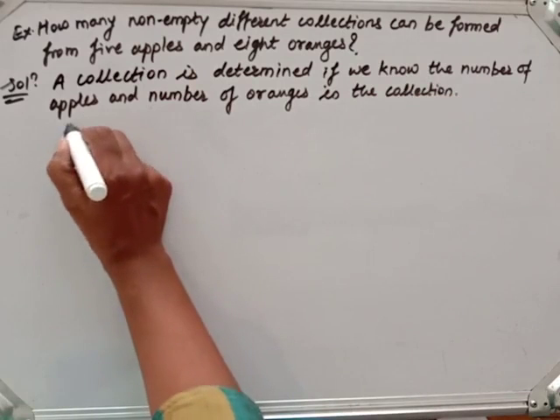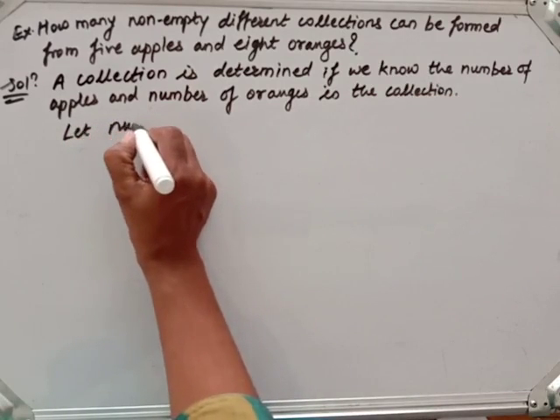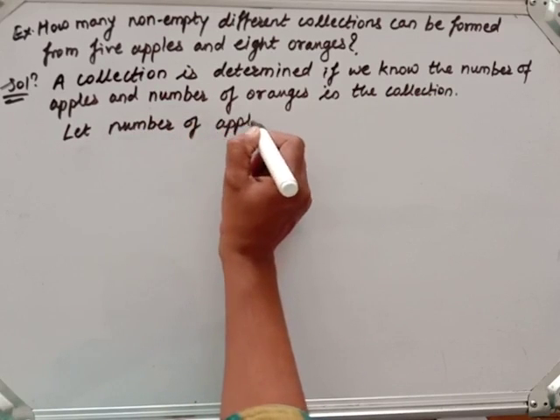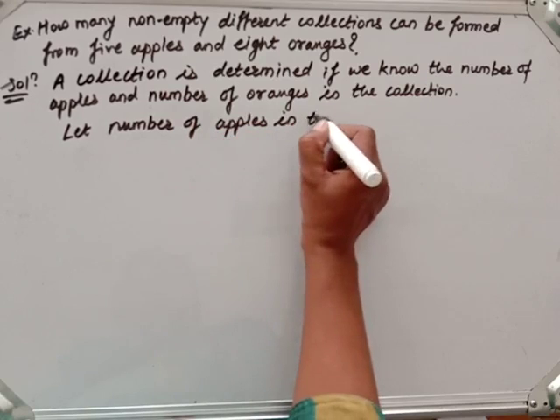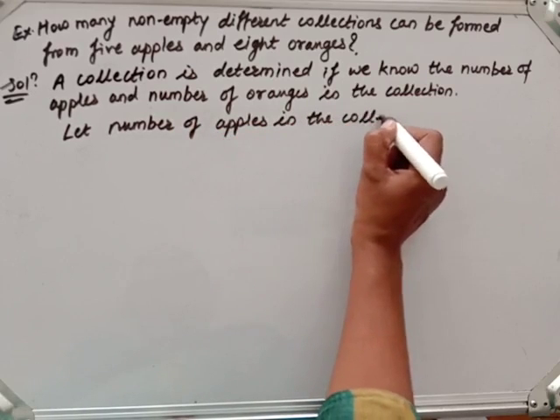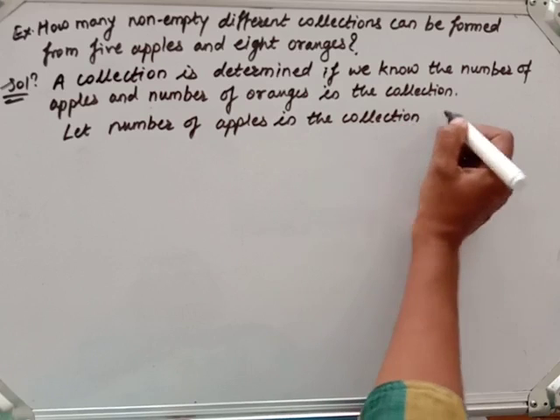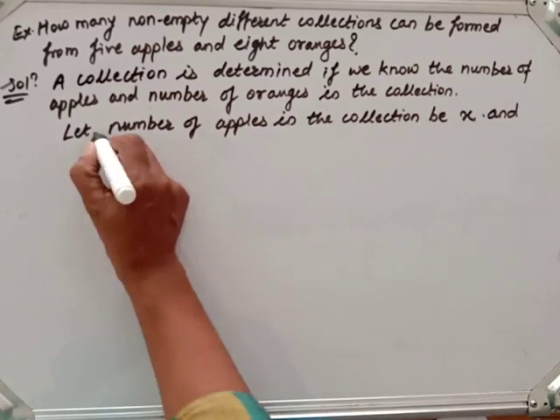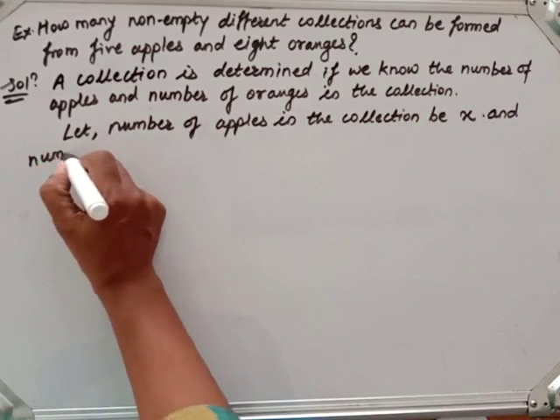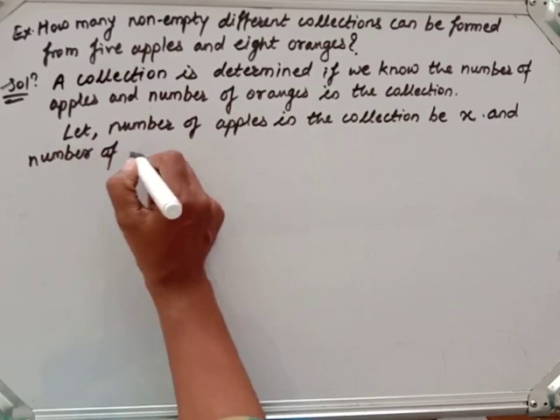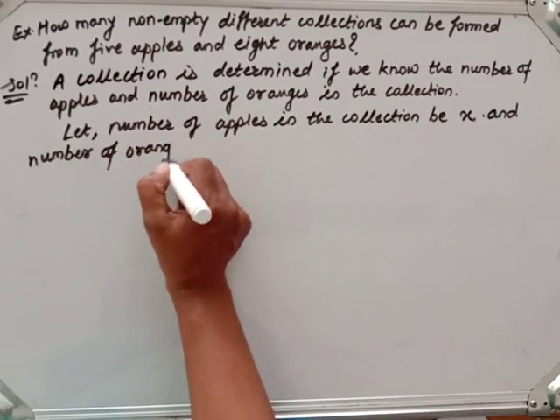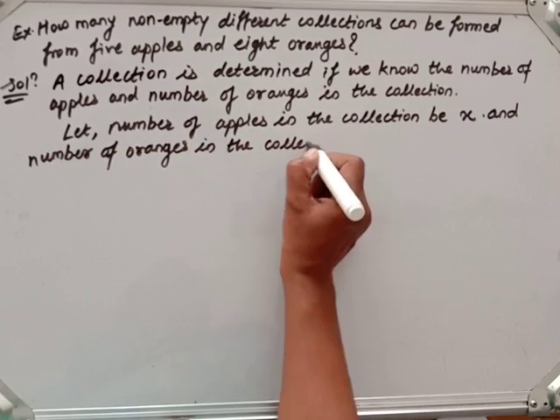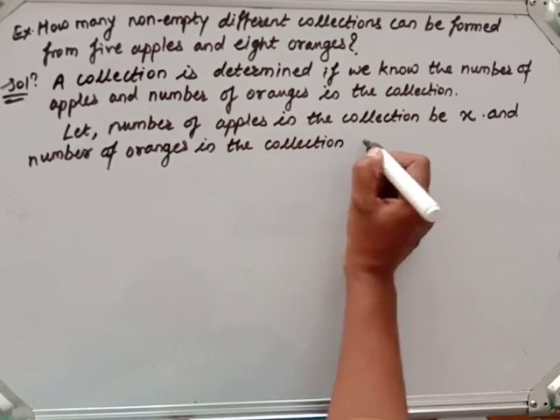Now let the number of apples in the collection be X, and the number of oranges in the collection be Y.